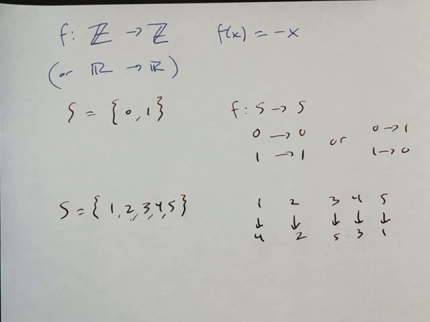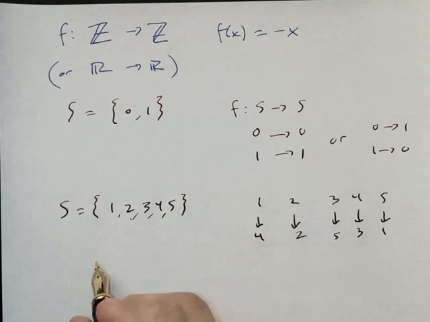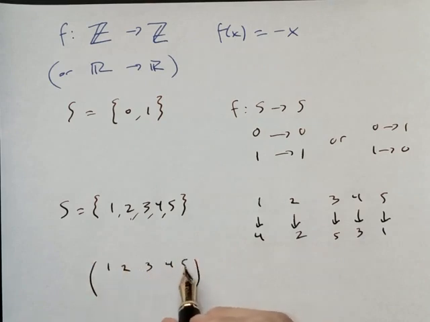As a matter of fact, I'm going to write it more often like this. So I'll just write it as 2 rows with the from on top and the to on the bottom. That's called, to no one's surprise, I hope, 2-row notation. Surprise.